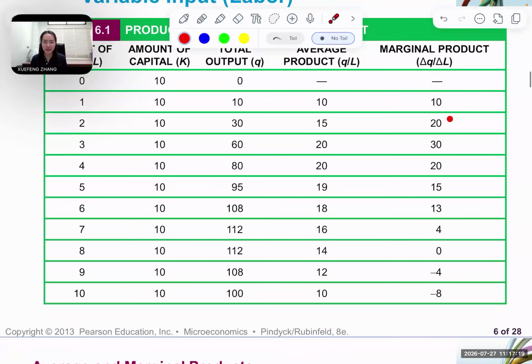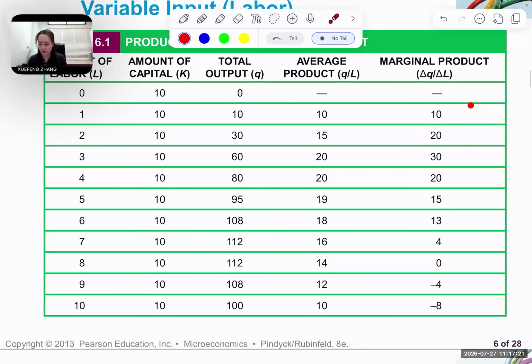So look at the pattern in marginal product. We have 10, 20, 30, 20, 15, 30, 4, 0, -4, and -8. Have you noticed that it goes up first from 10 to 30, then starts falling from 30 to 0, right? And then eventually turns negative, all right?